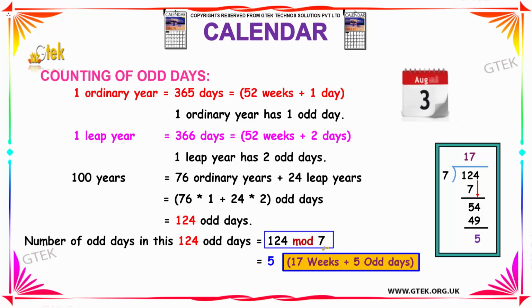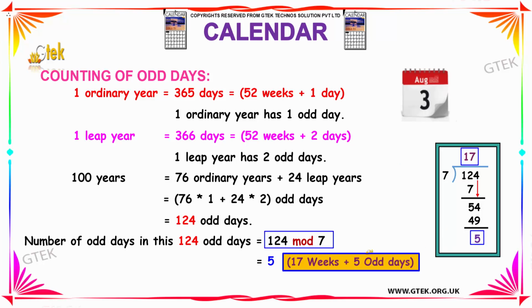So 124 divided by 7 gives 17 as the quotient and 5 as the remainder, as 7 is not a perfect factor of 124.